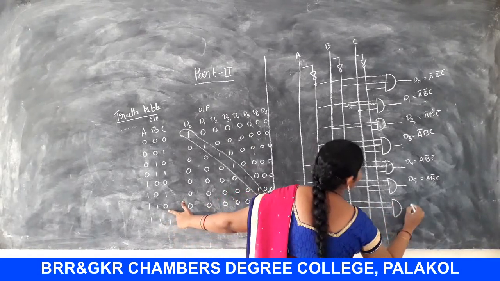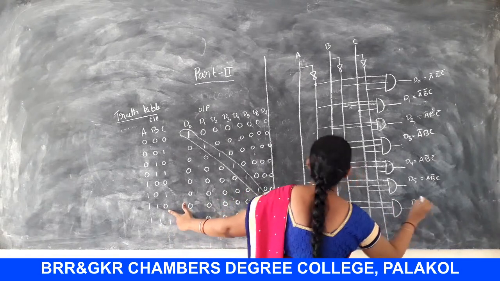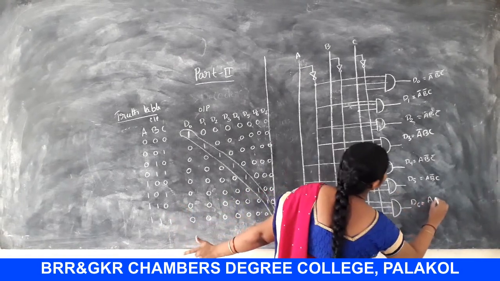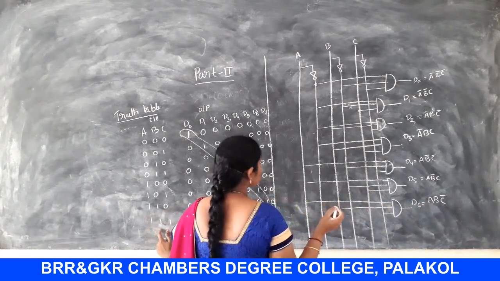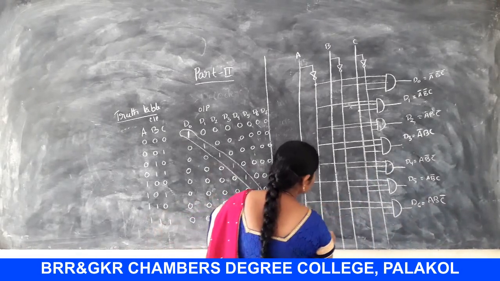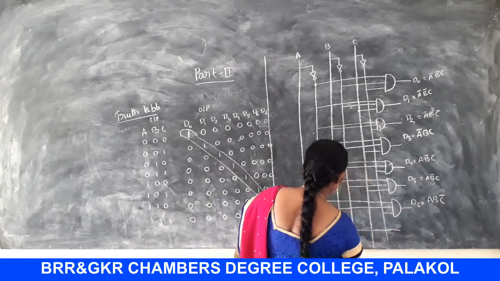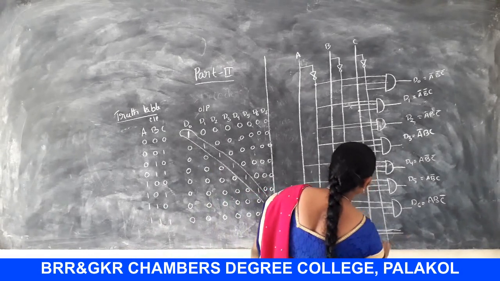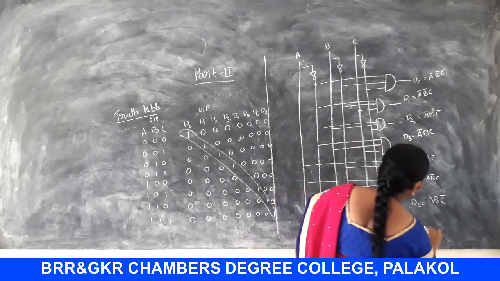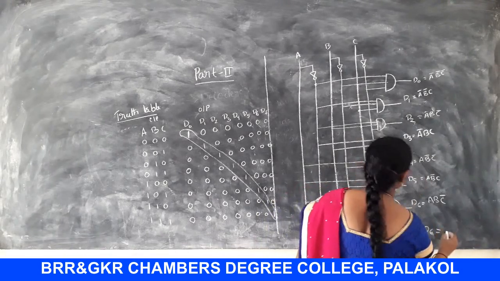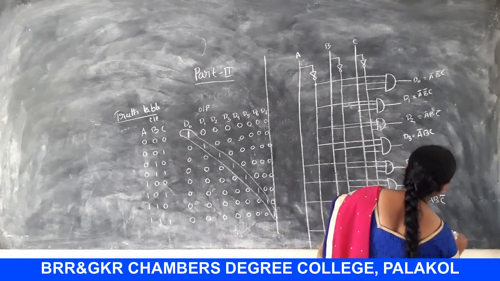So therefore this is the D6. So D6 value is A, B, C bar. Okay. So next one is the D7. So D7 is nothing but all the three values are 1. So here D7 is equal to A, B, C.